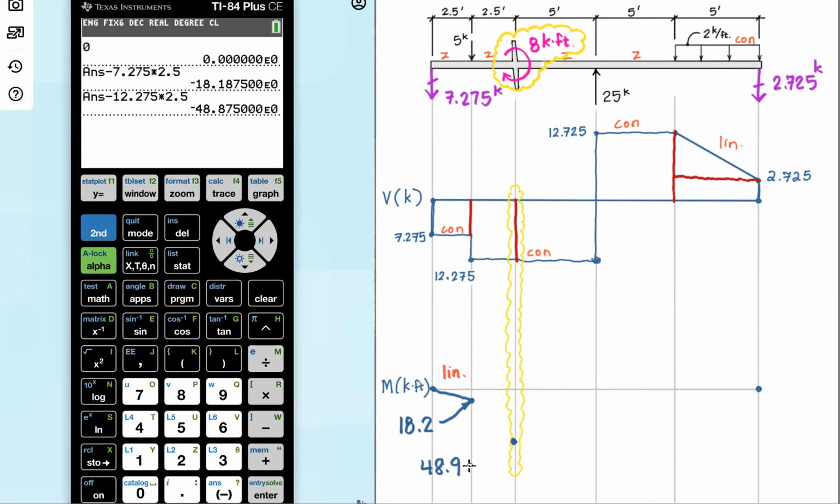Three sig figs, and that final answer is fine. And how am I going to get there? Constant integrates to linear, so just a straight line between the two.